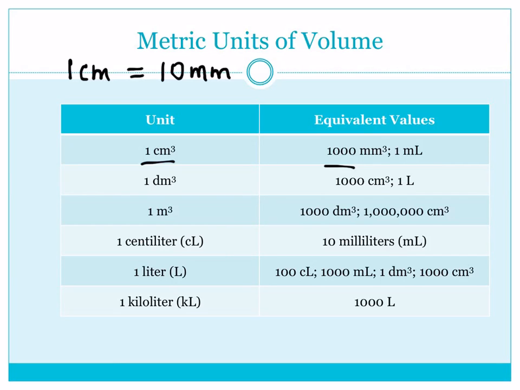The part that's a little bit interesting is that 1,000 millimeters cubed is 1 milliliter. Okay, milliliter, and I don't remember if you guys had a measurement on that one where it's like an eyedropper, okay? Eyedropper kind of thing. It's very, very small. So 1 milliliter is 1,000 millimeters cubed.